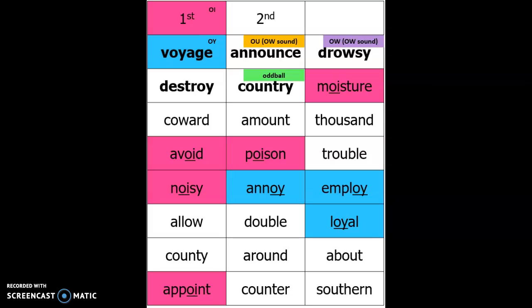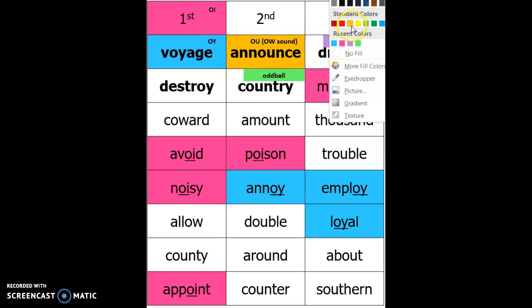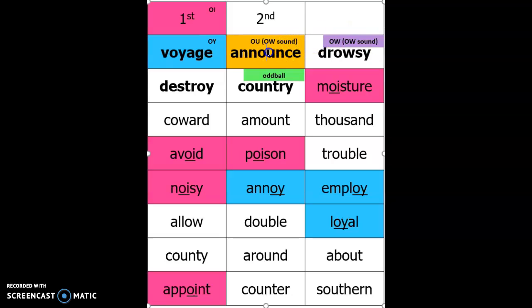We're going to switch over to the ow sounds that are either OU or OW. So I'm going to pick my third color. I'm going to pick orange for mine. And I'm going to highlight that box, announce. Announce. You hear ow, but it's spelled O-U, announce.